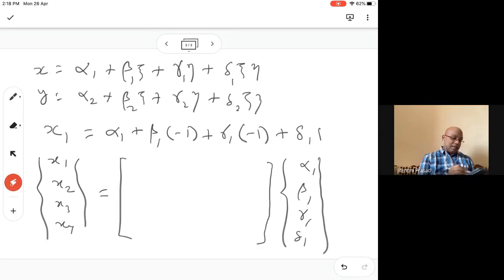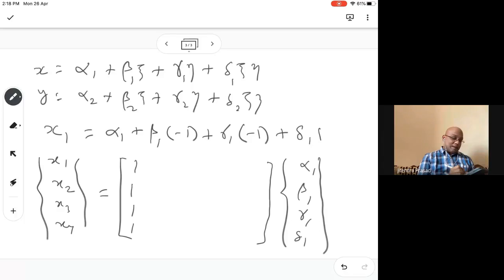The first column is 1, 1, 1, 1 for all cases. Then beta 1 multiplies the xi value corresponding to each node.